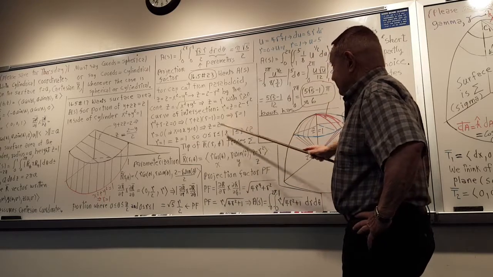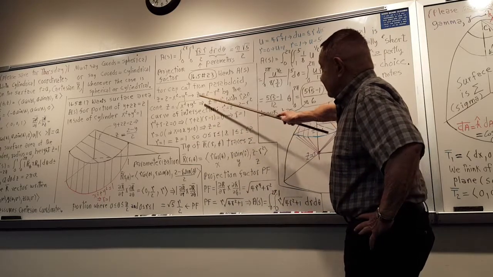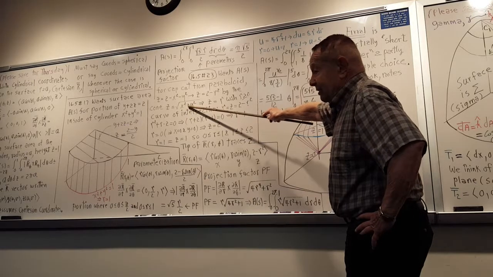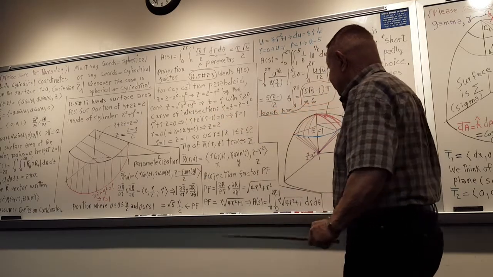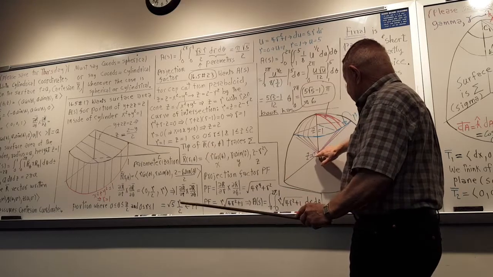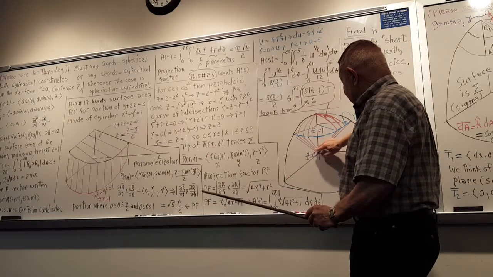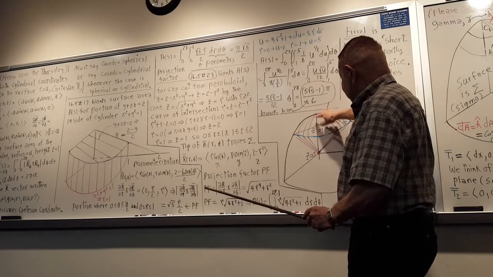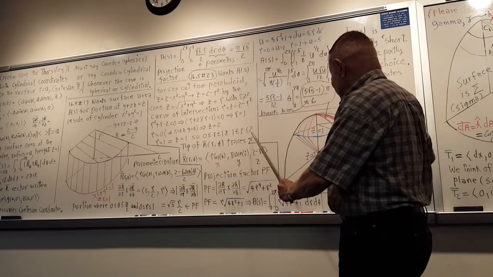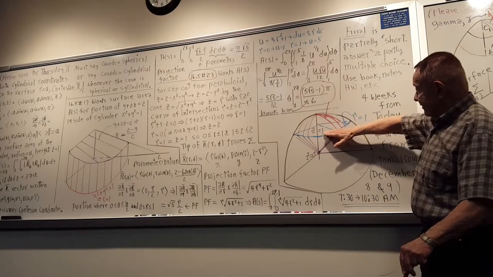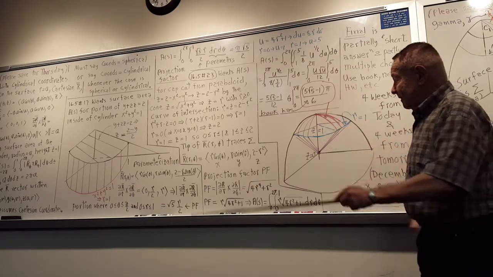And when r is 0, then z equals square root of r squared, which is 0. So as r goes 0 to 1, the z is going to go from 1, rather, up to 2.